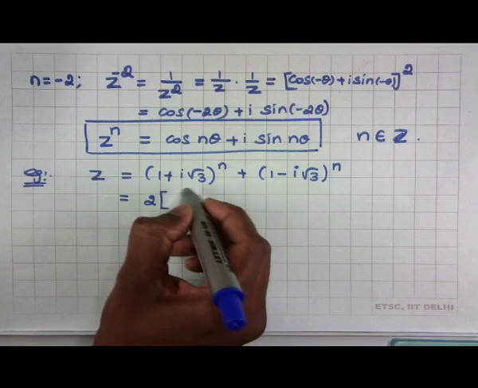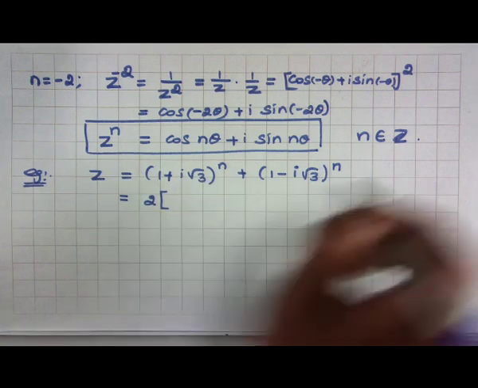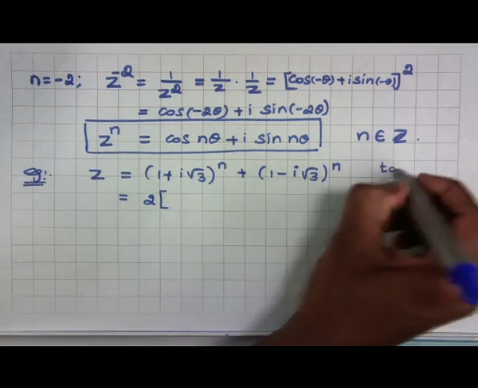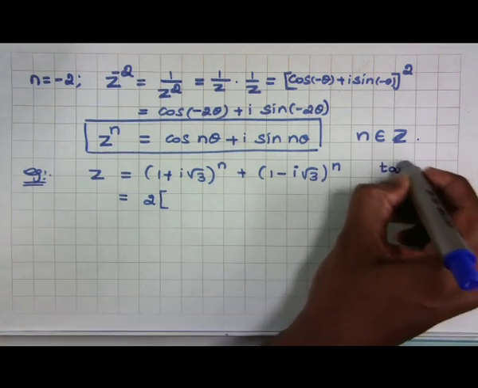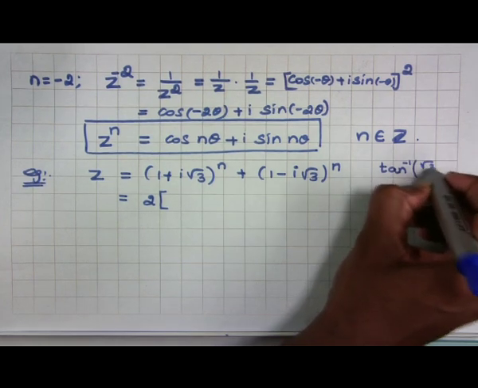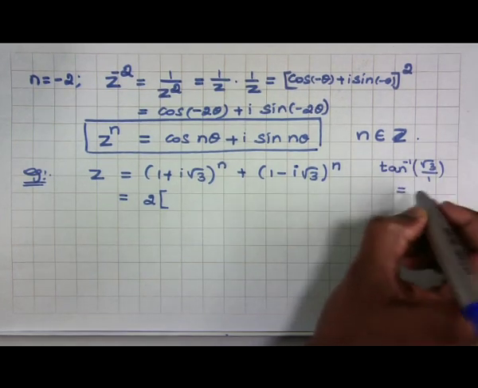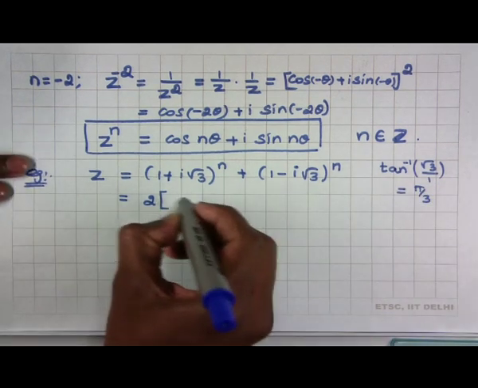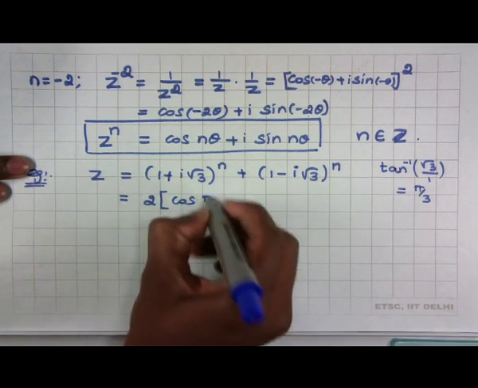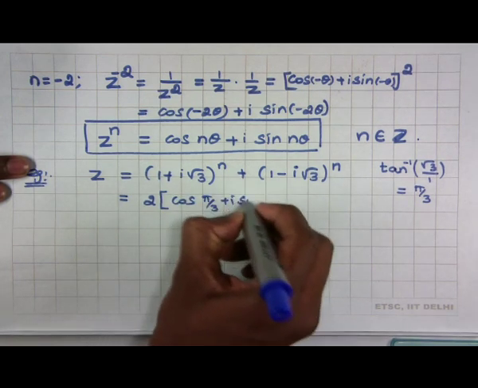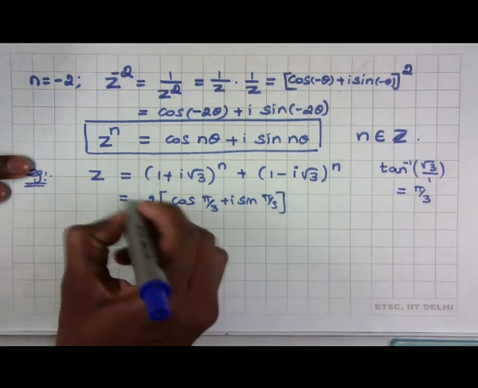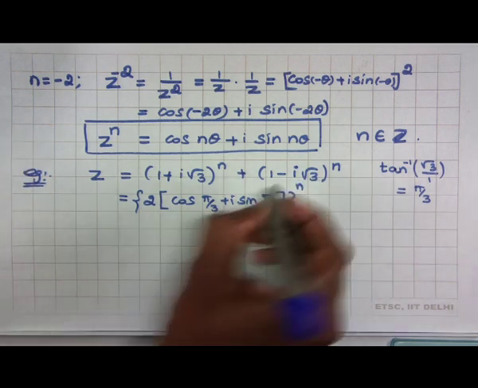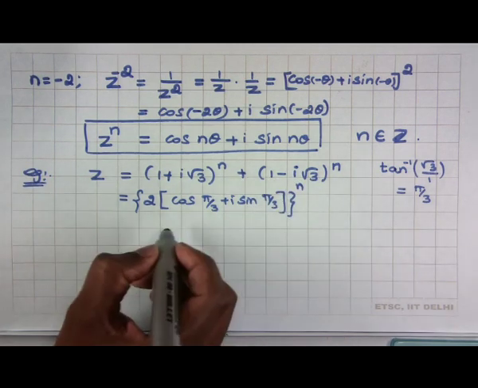We can verify that theta is pi by 3, using tan inverse. So, it is 2 times cos pi by 3 plus I sin pi by 3 whole power n. Similarly, we need to do it for 1 minus I root 3.